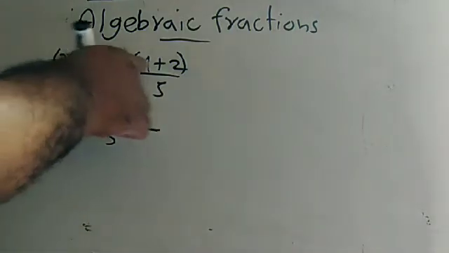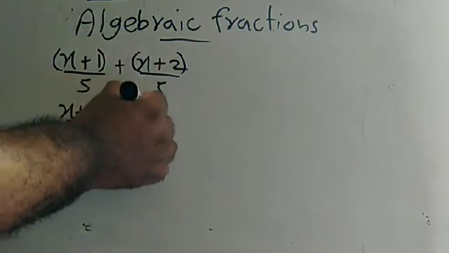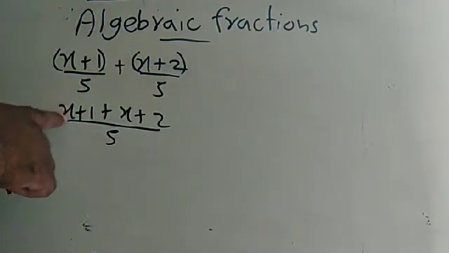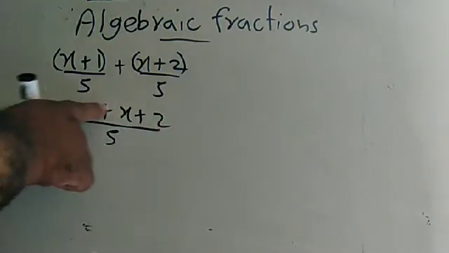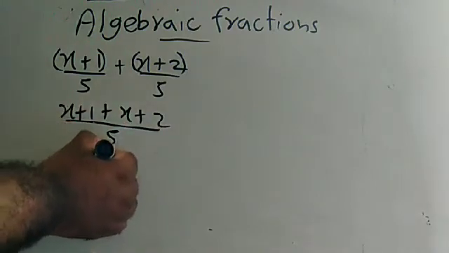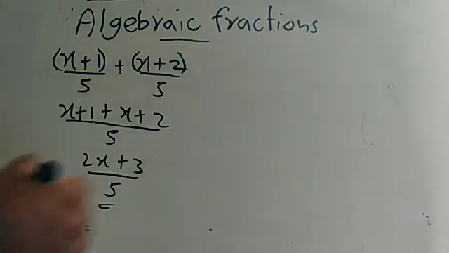Now you can add the expressions: x plus 1 plus x plus 2. Now you know x plus x are like terms, and 1 plus 2 are like terms. Adding, x plus x is 2x, 1 plus 2 is 3, upon 5. This is the final answer.